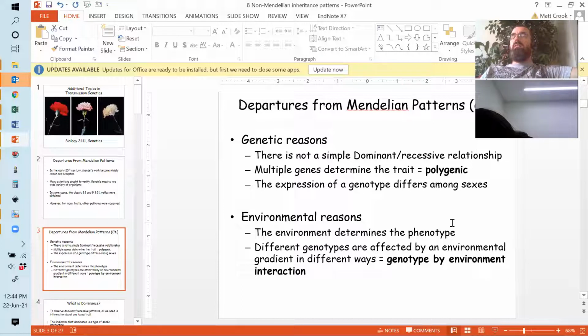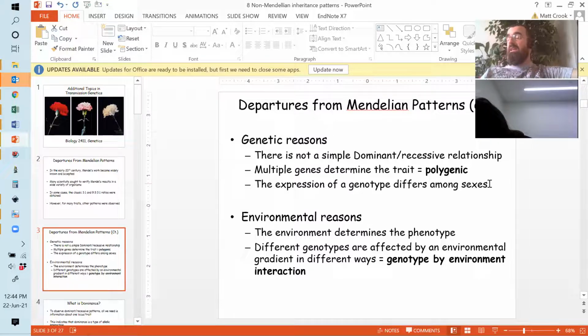So there are genetic reasons, right? We've got something where we don't have a simple dominant versus recessive relationship. We have multiple genes determining the trait that you see, the phenotype. This is called a polygenic trait, and most traits which you can see physically in humans are polygenic.